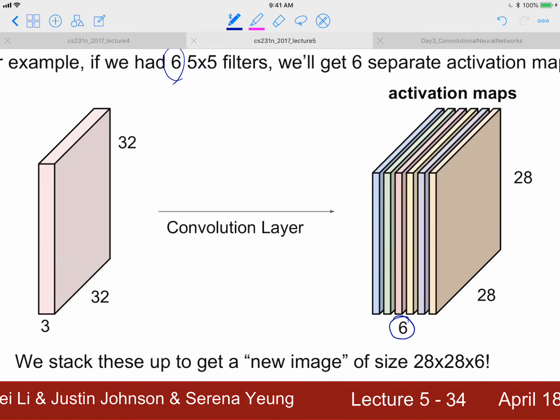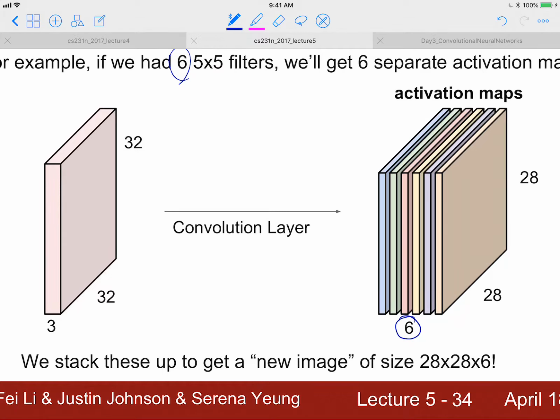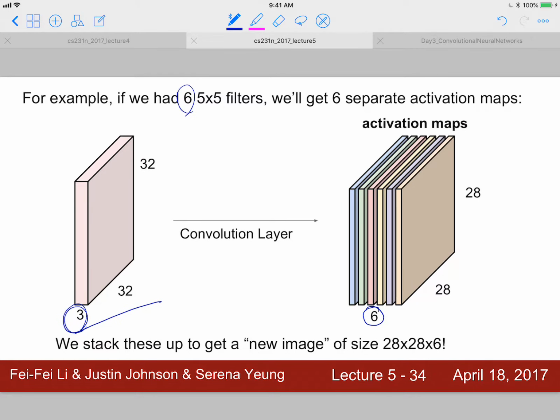And let me also check the other problem in our quiz. Given this input activation map, what's the depth of our convolution filter? 3, right? Somewhere in the other slides there was a note that we always fix the depth of our convolution filter to the full depth of the input activation map, right?